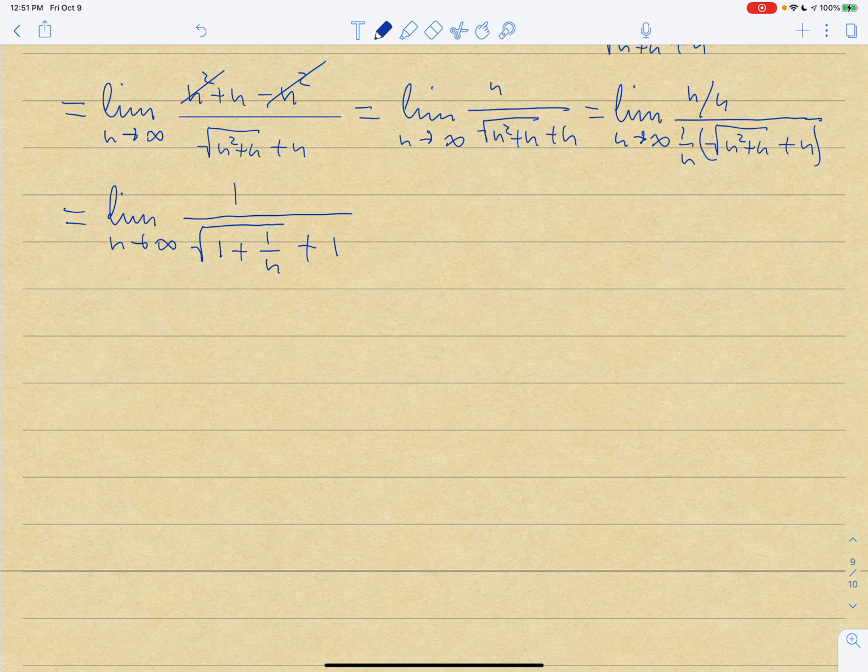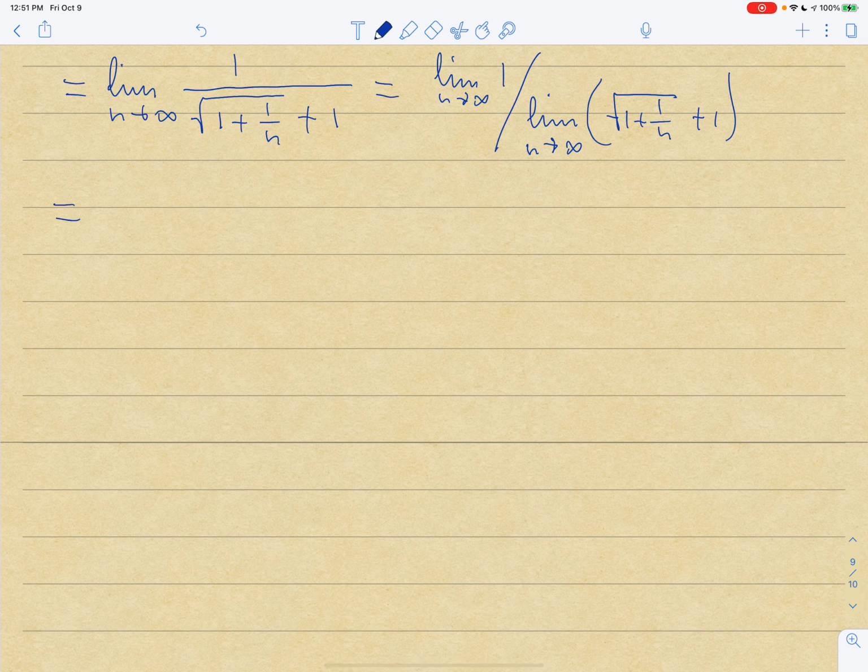So that's what we got. Now, the limit of the top is 1. The limit of the bottom presumably exists as well. So the limit of the ratio is a ratio of limits. Limit as n goes to infinity of 1, over the limit n goes to infinity of square root of 1 plus 1 over n, plus 1.